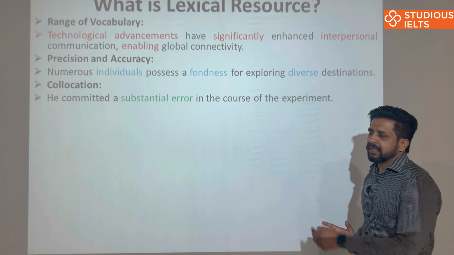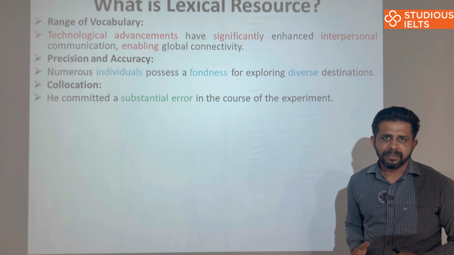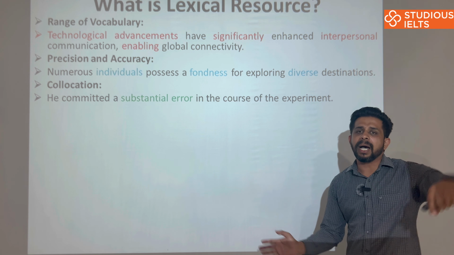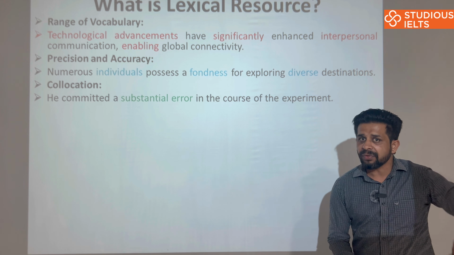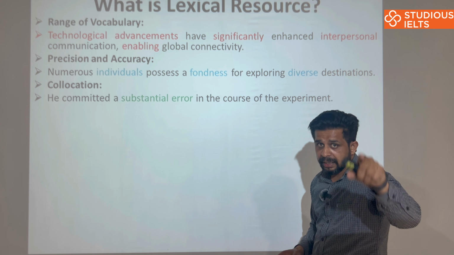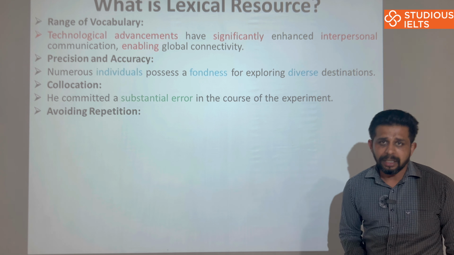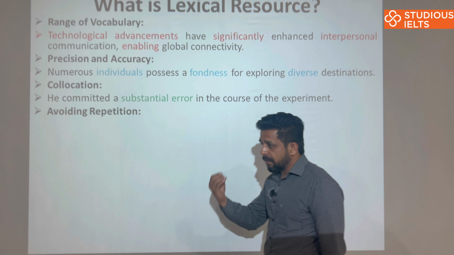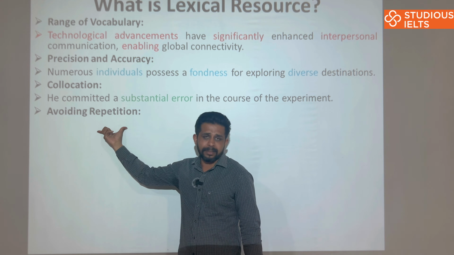Now, this is a pair that may occur very frequently. Sometimes you cannot replace this adjective with some other adjective, right? So, in that way, collocations can also give you an upper hand in getting good scores. Yes, very important, avoiding repetition, because the vocabulary part will actually aim at this.